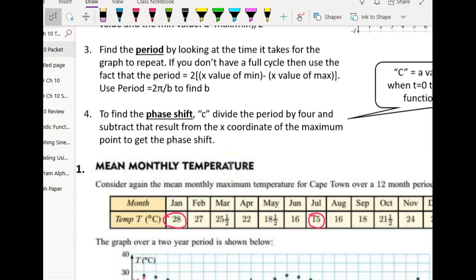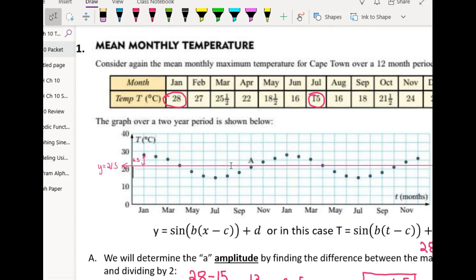For example, on this one, if we took the x value of the max, which is right here, and the x value of the min, where was the min? In June, July? If we took those two, found the difference between them, and multiplied that by 2, that would be our period.